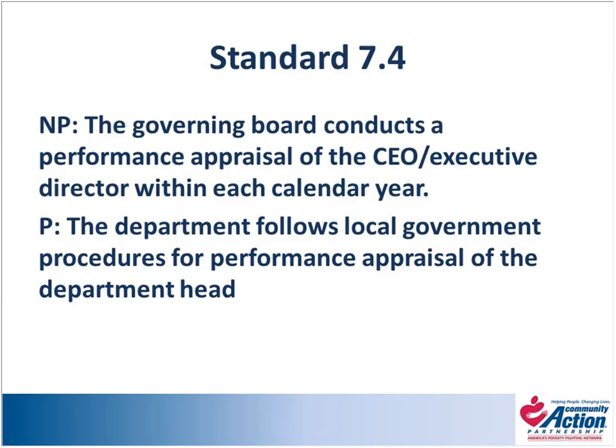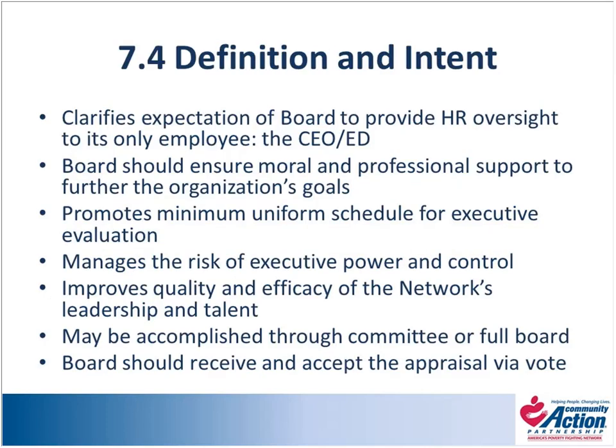But for nonprofit agencies, this has to happen every year and is conducted by the board, so it clarifies the expectation of the board to provide HR oversight to its only employee, which is the CEO or executive director. The board should ensure moral and professional support to further the organization's goals through this process.